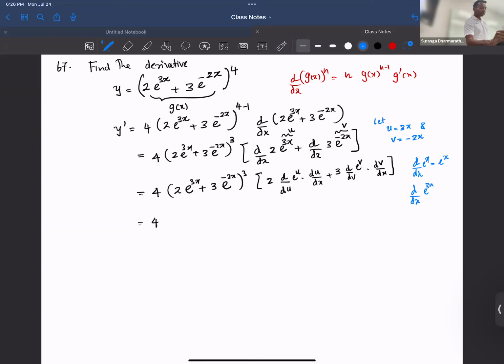But we can make it look like this by putting 3x equal u. And then we have to do the chain rule, because now this becomes a function of u, but u is a function of x. So it's a composite function. Once you see a composite function, you can apply the chain rule. Does that make sense?